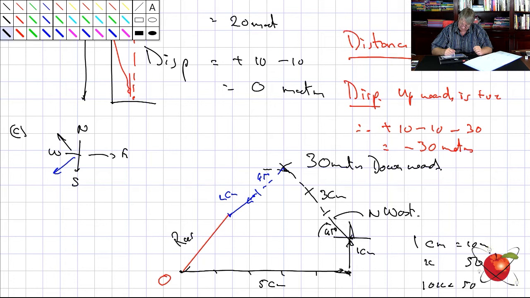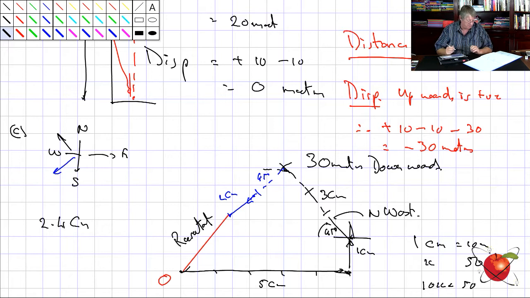This is my resultant, and I measure it. How many centimeters is it? I measured it here, and the displacement comes out to be 2.4 centimeters.